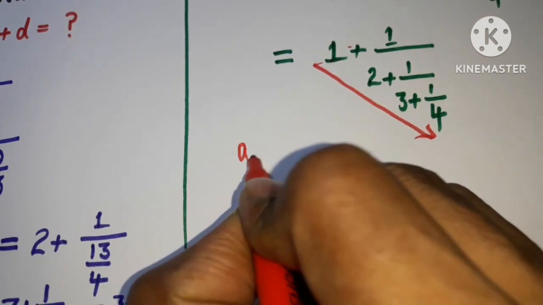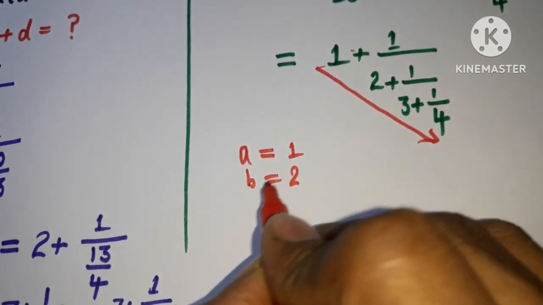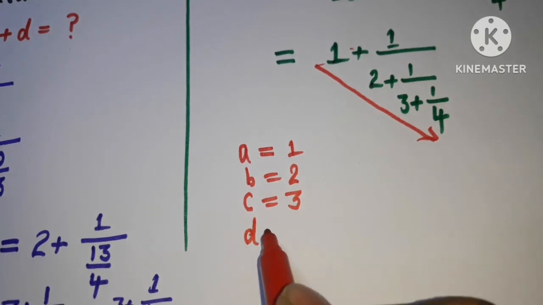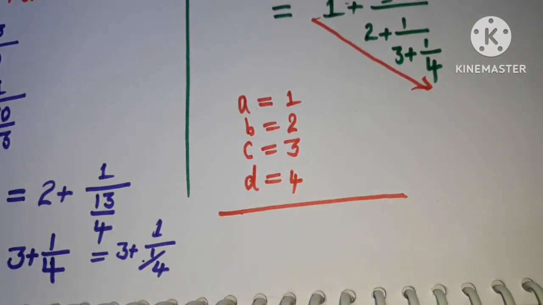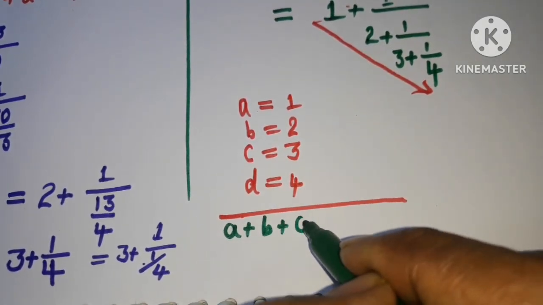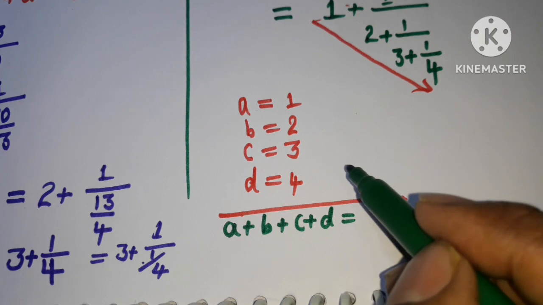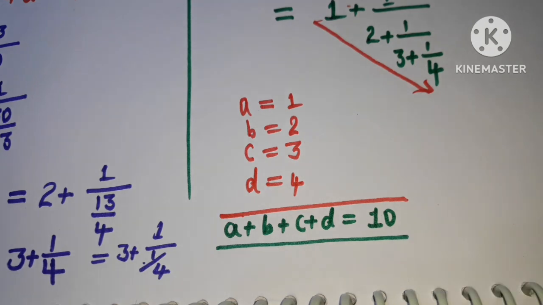For a we have 1, for b we have 2, for c we have 3, and for d we have 4. The sum of all these natural numbers, a plus b plus c plus d, comes to 10. So this is our solution: the sum of all natural numbers is 10.